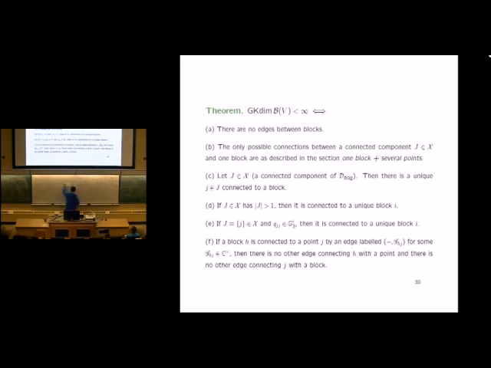So the diagram will be something like this. You will have here blocks, and here you will have connected components, and you will connect the components to the blocks according to these rules. For instance, if you take... you can have something like this.